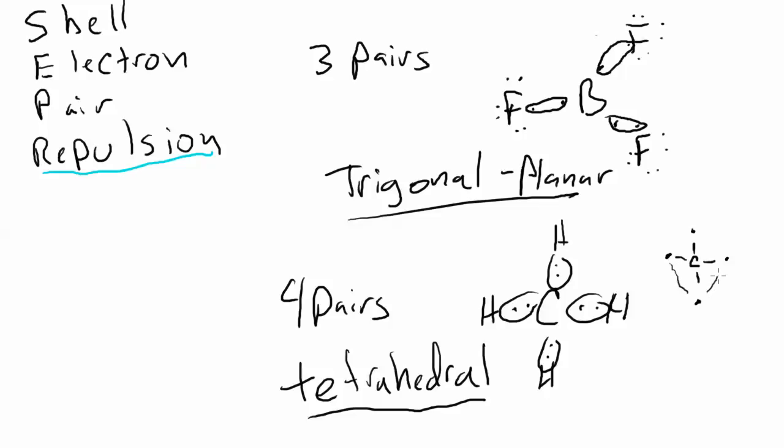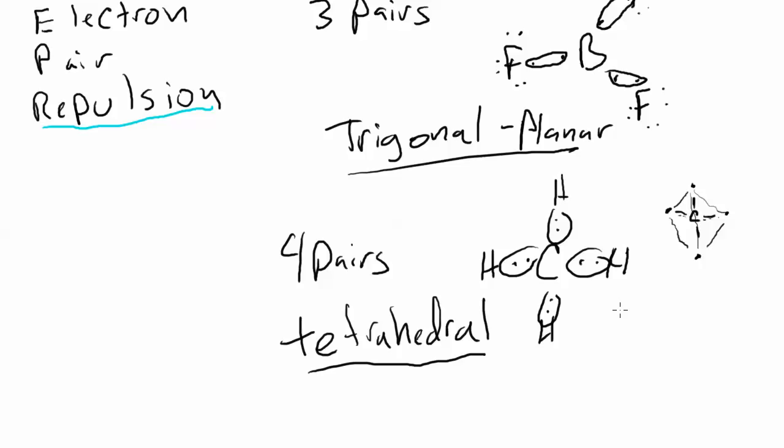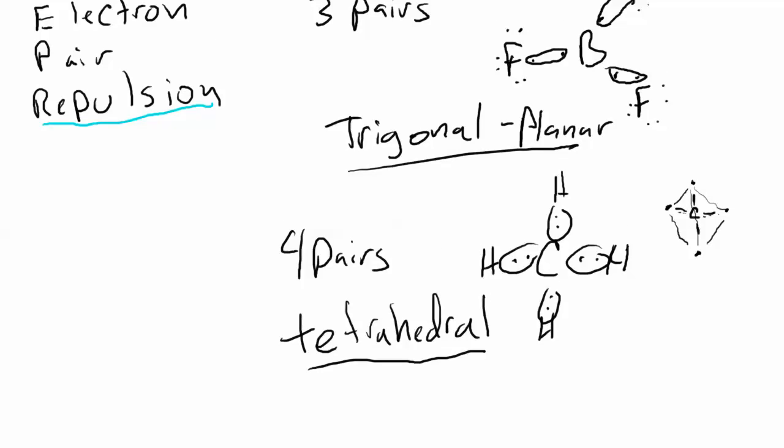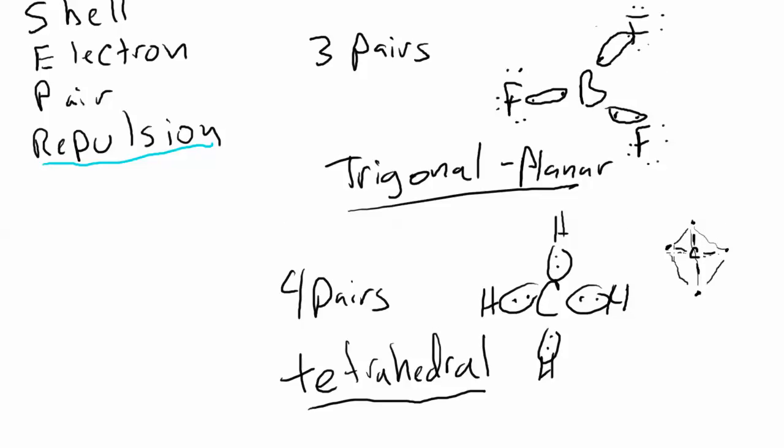So it makes this weird little, almost pyramid-y shape, which is called a tetrahedron. It's not exactly a pyramid, it's a little bit different, but that's the name of the shape that you get. If you want to see any of these shapes, we can build them with the ball and stick models that we have for molecules.